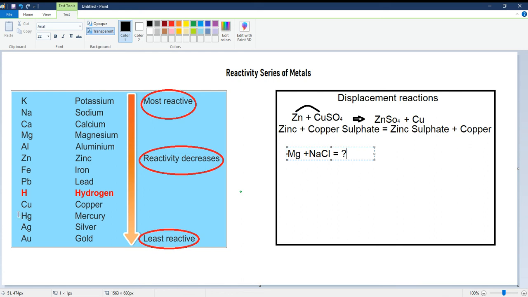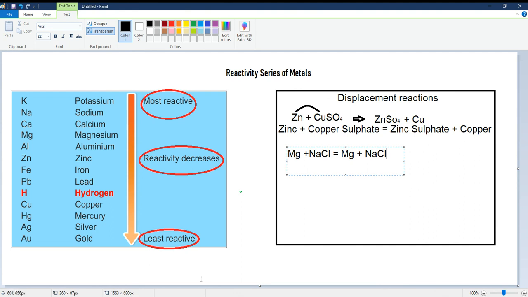You might pause the video to see if you can get it right. One, two, three, four, and five. The answer is Mg plus NaCl. Shocking, right? As you can see in the reactivity series, magnesium is a lower reactive metal than sodium, so it cannot displace sodium and become magnesium chloride plus sodium. Instead, it still remains magnesium plus sodium chloride.